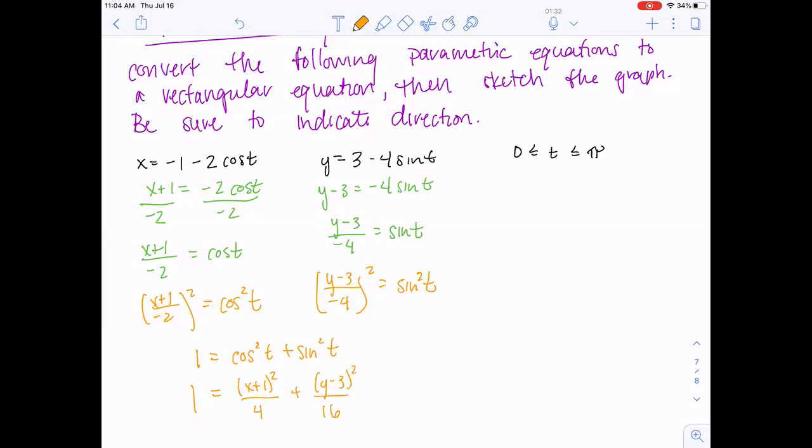All I have done is put these in where they go, because cosine squared and sine squared are equal to those two things, and I distributed that square to the top and bottom of the fraction. Does this look familiar? This is a standard equation for an ellipse.